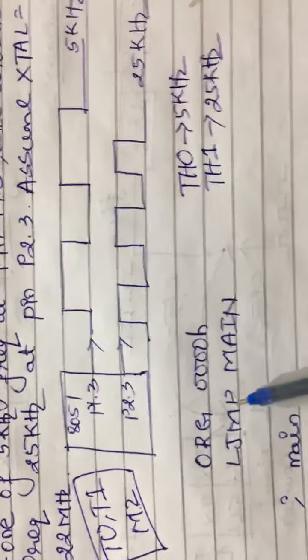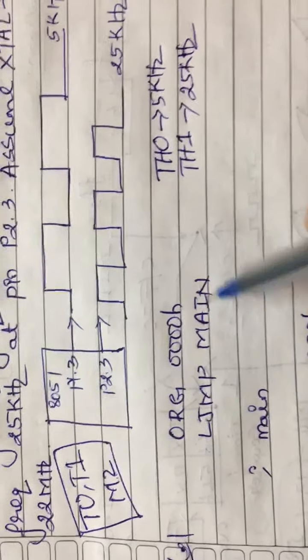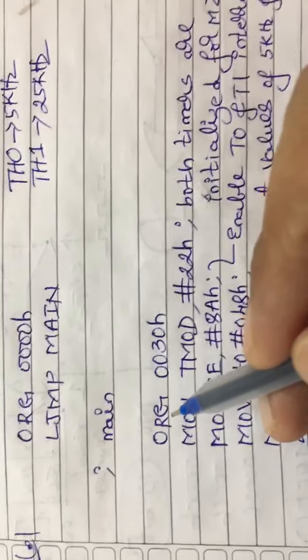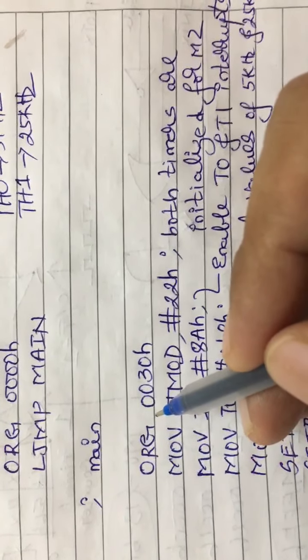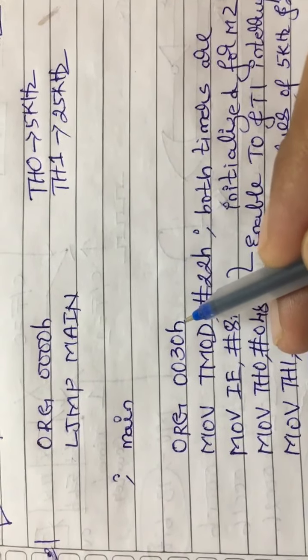First and foremost, org 0000h, ljmp main. Next, the program has to be started here. org 0030h.